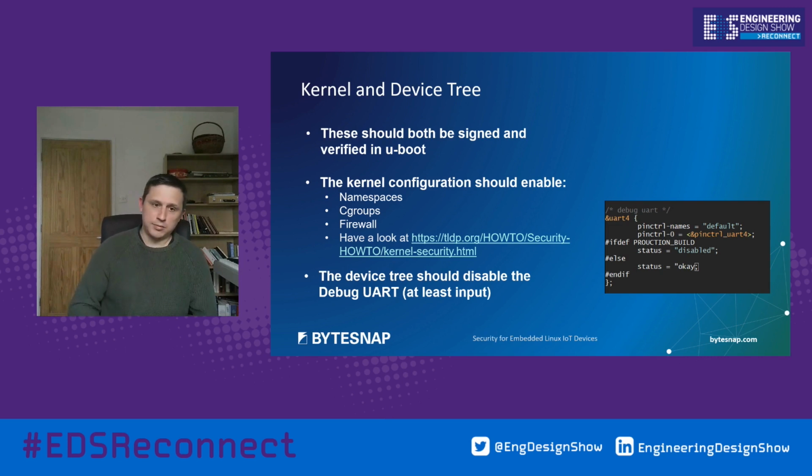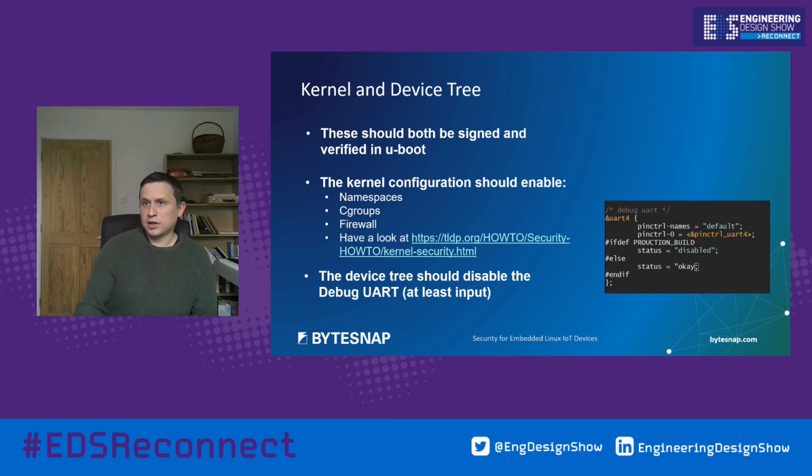Network filtering should be enabled if you want to set up a firewall using iptables. And any configuration options that would enable a MAC, mandatory access control, sort of setup should also be enabled. If you want to make use of ARM OP-TEE, then you need to enable that sort of thing.